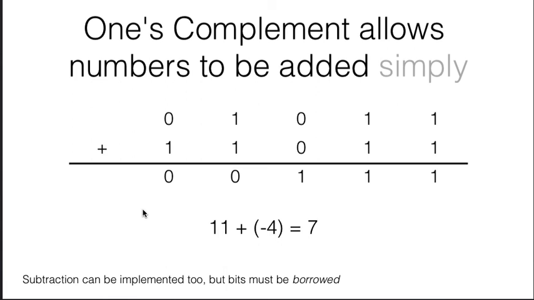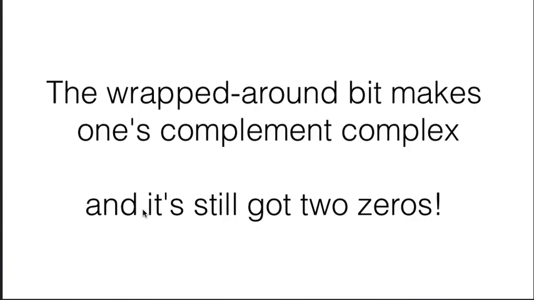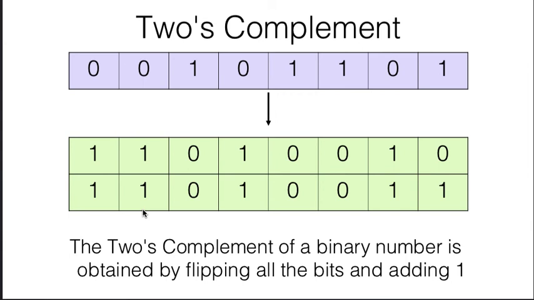Okay? 2's complement is a variant on that. We're not entirely happy with the 1's complement because that wrapped around bit is a pain. And also you still have two representations of 0, which is a problem. So 2's complement is the 1's complement with 1 added to it. So here we have a number up top.